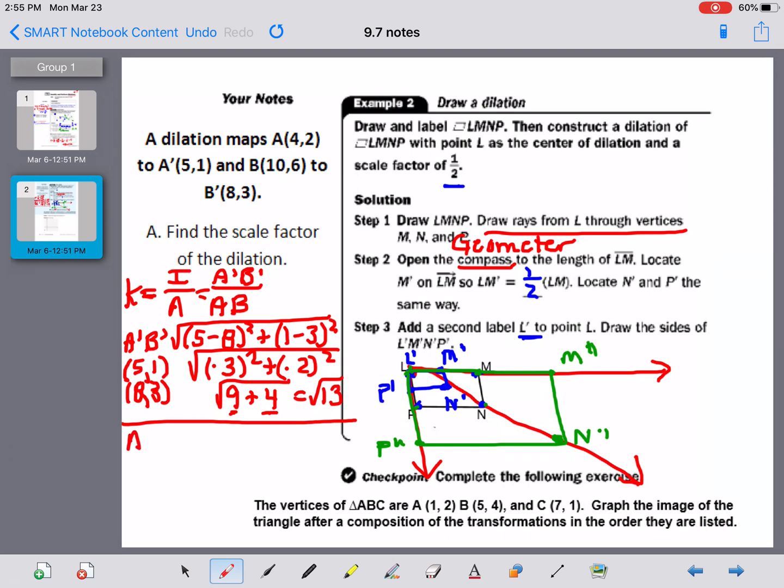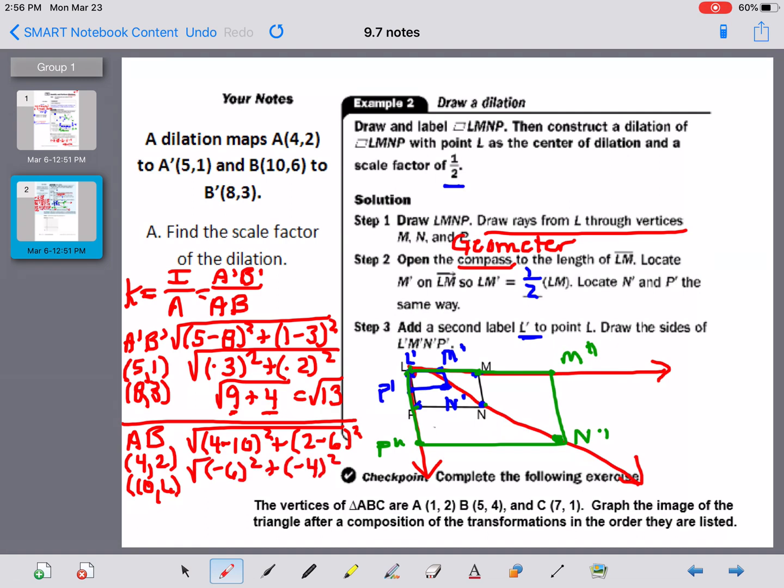Let's work on AB. A is the point (4, 2). B is the point (10, 6). And I'm going to take my x's and subtract them: 4 minus 10. And subtract those y's: 2 minus 6. 4 minus 10 is negative 6. 2 minus 6 is negative 4.